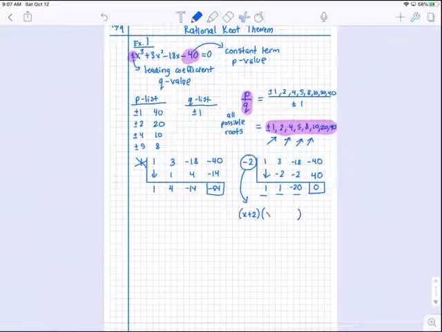So x squared plus x minus 20, and all of this is equal to 0. Now, whenever you have a trinomial, then you either factor or you can use the quadratic formula. So I'm going to see if we can factor this.